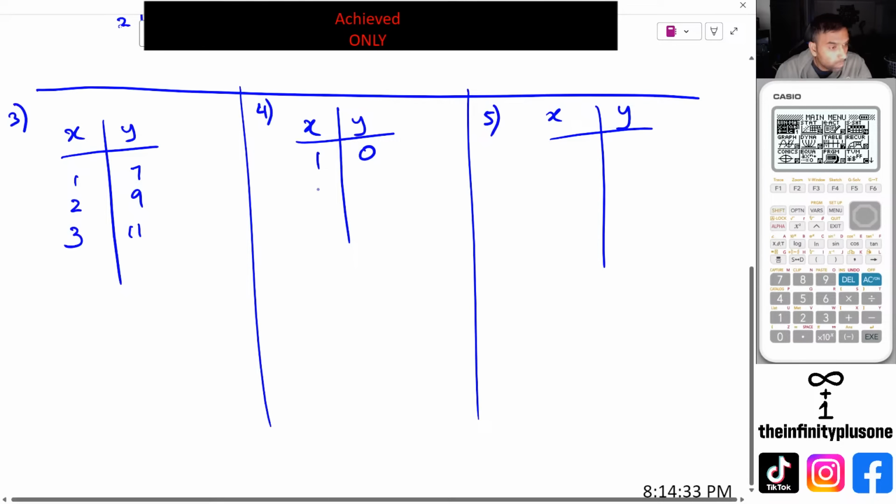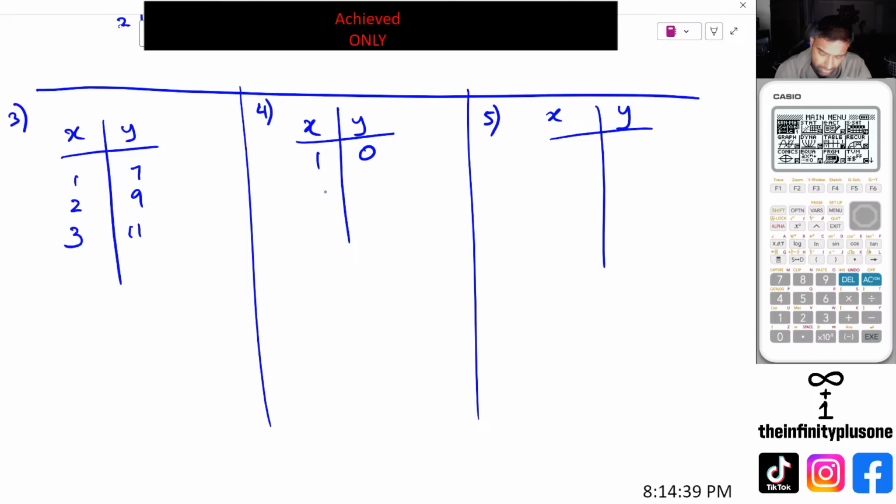Okay, so that's going to be 1, 0, 3, actually not even 3, 4. Let's actually do this: 1, 0, 2, -3, 3, -4, 4, -3, and 5, 0. All right, and then what we're also going to do is a quick exponential one just to show you how the graph looks.